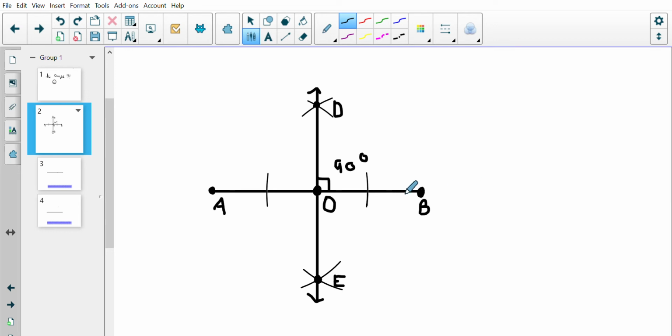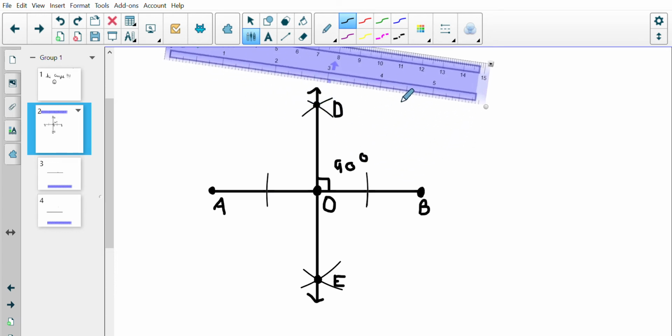There's also one more thing which we notice. It is that line segment AO, because we have bisected it, so this and this are of equal length. These two line segments which we've got, AO and OB, are of equal lengths.